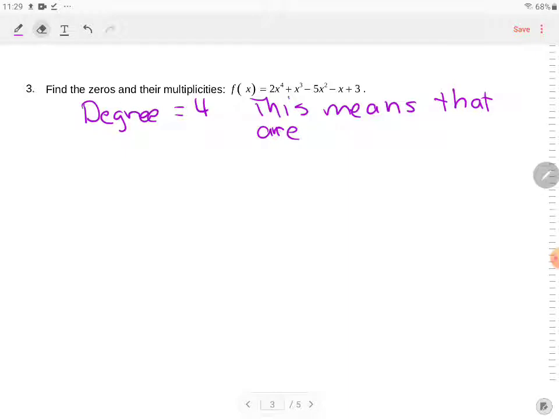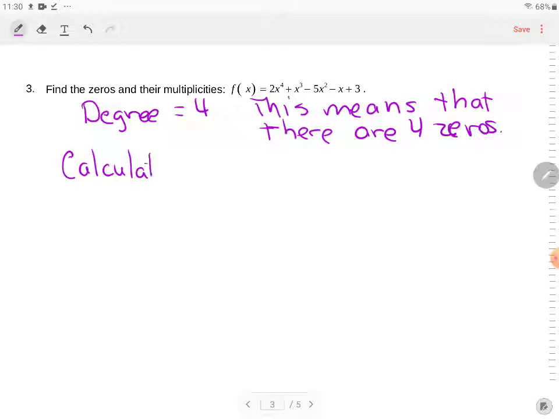Okay, so this means that there are 4 zeros. So again, using the graphing calculator, we are going to get negative 1 and positive 1.